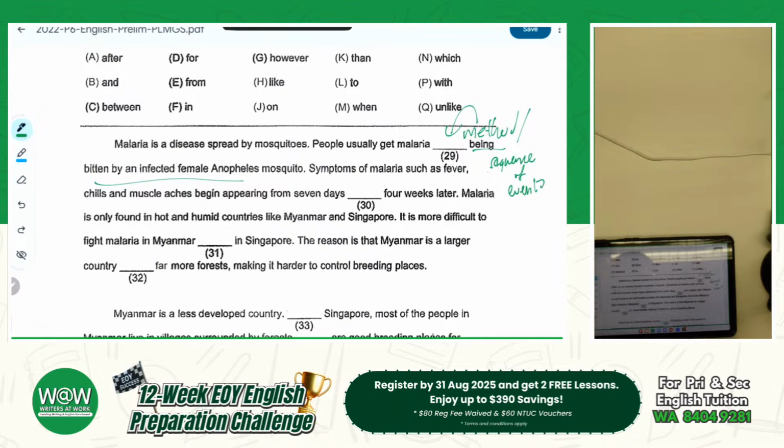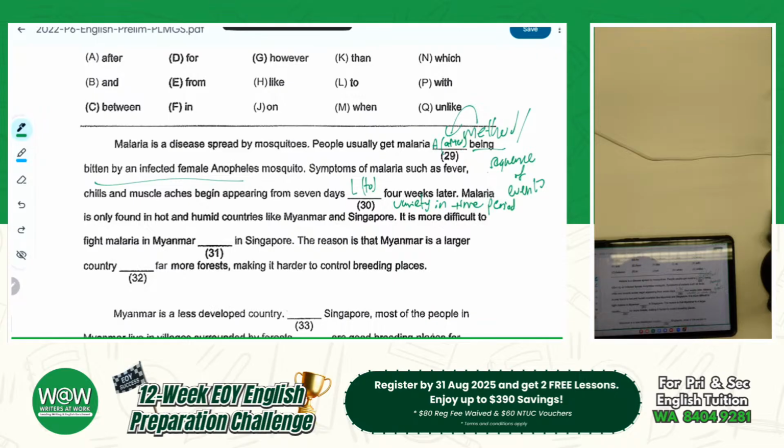In this case, we're looking at how you need to get bitten already, then you contract the malaria virus, right? So in a sense, to show this sequential flow of events, we'll use the word after. Symptoms of malaria such as fever, chills, and muscle aches begin appearing from 7 days dash 4 weeks later. So we are trying to show the variety in terms of time period. So we'll say from 7 days to 4 weeks later.